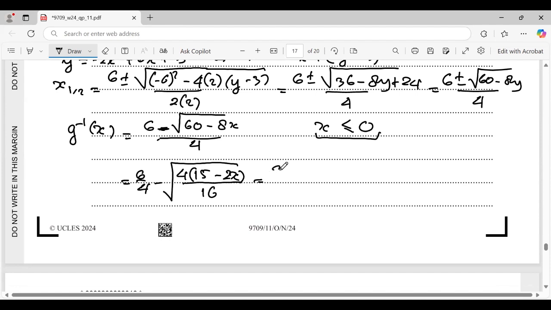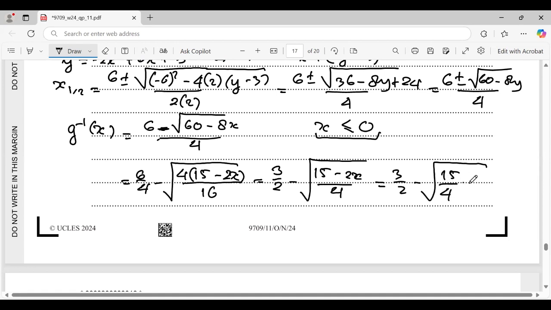So it is 3/2, and it becomes the square root of 15 minus 2x over 4, so 3/2 minus the root of 15/4 minus 1/2 x. So that is the inverse.